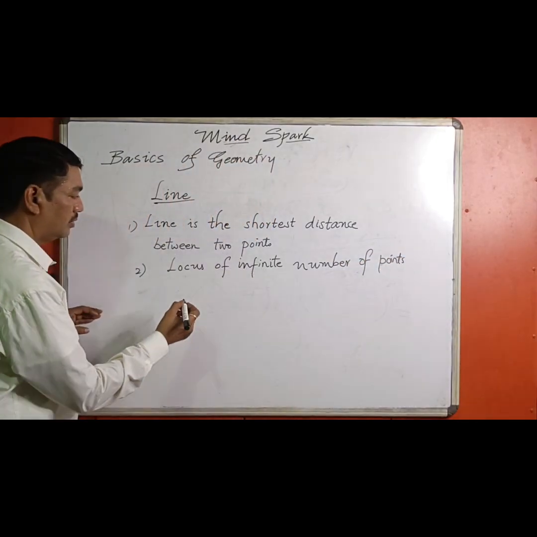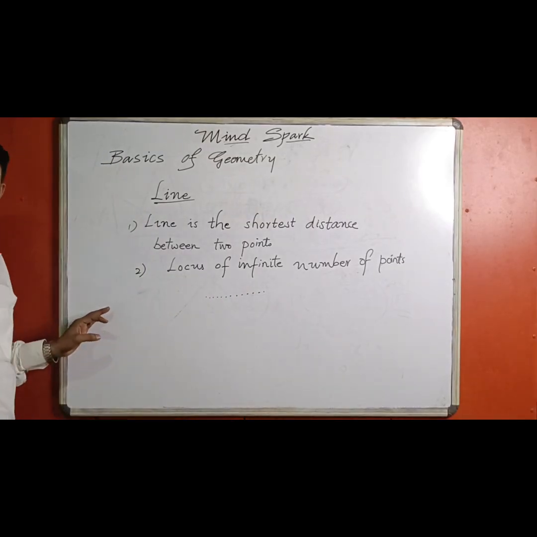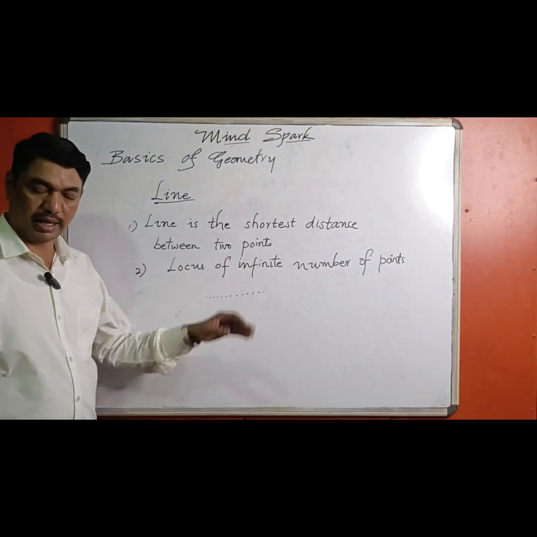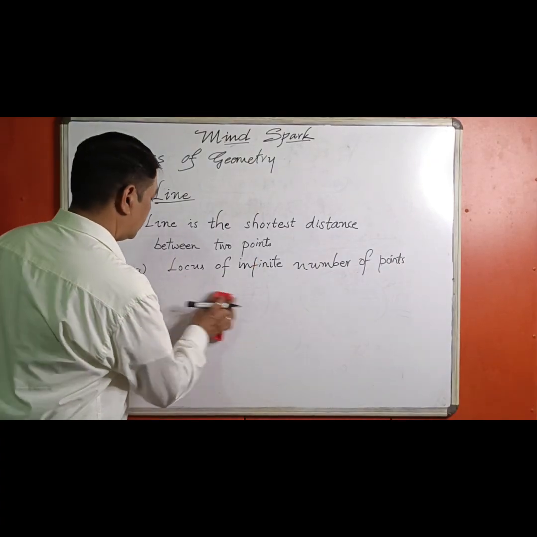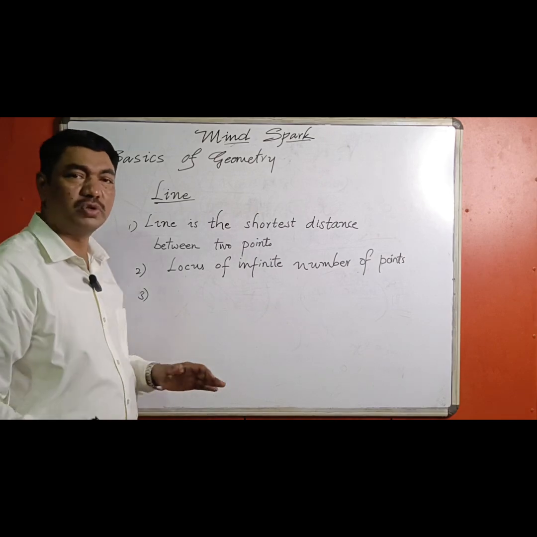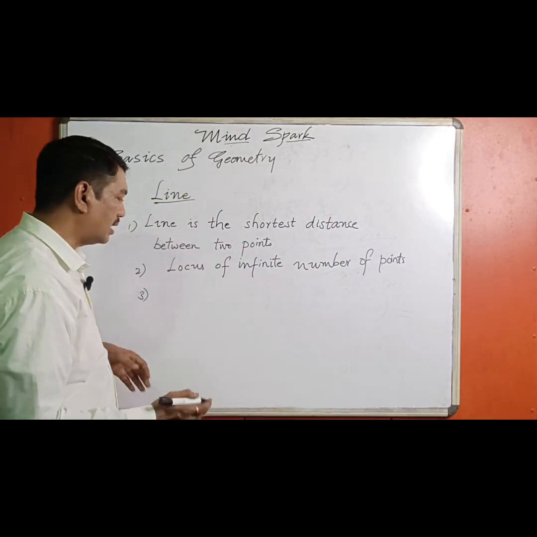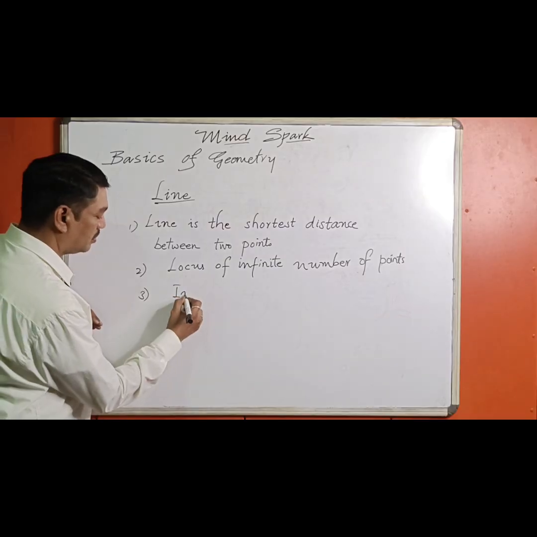If you start putting points in a straight path, an infinite number of points, then you are going to get a line. The last definition for a line is the intersection of two planes. The intersection of two planes will create a line.